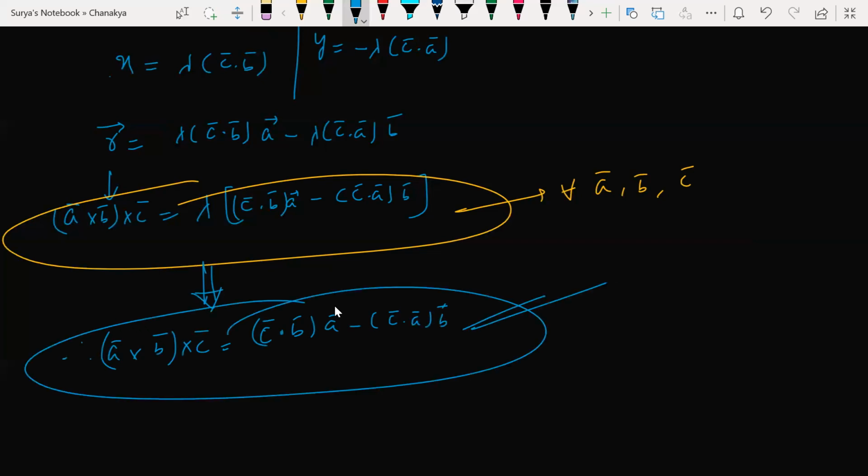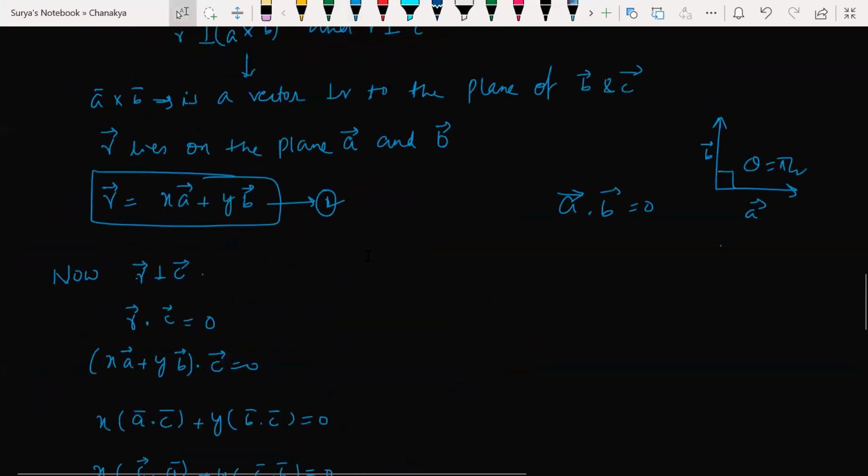So this is what I needed to prove. Hence proved. Similarly, you can do the next question as well.